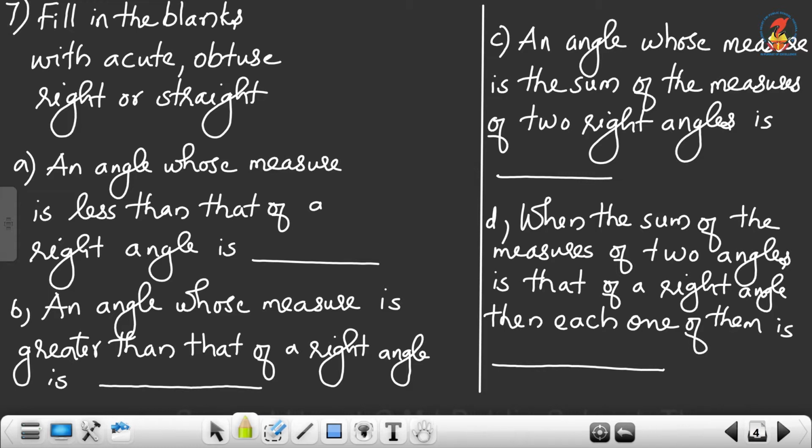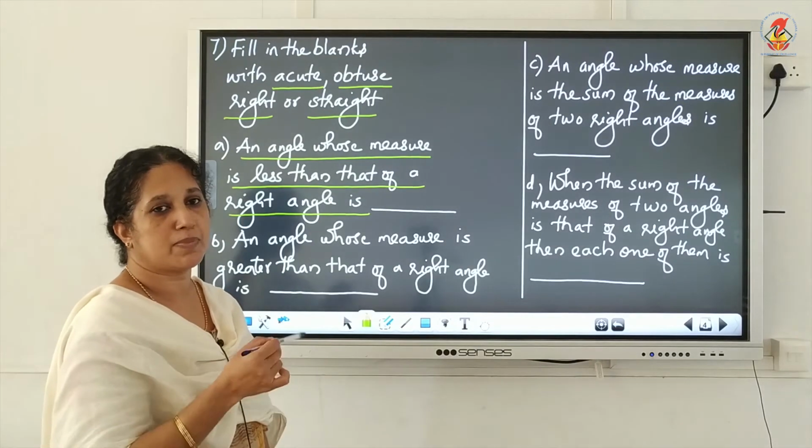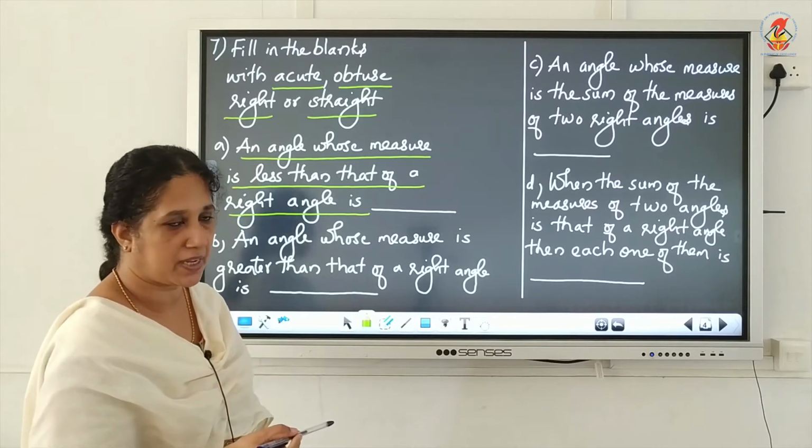Now you have to fill up using the words acute, obtuse, right, straight. An angle whose measure is less than that of a right angle. So what is the meaning? An angle whose measure is less than 90 degree. We can call it an acute angle.